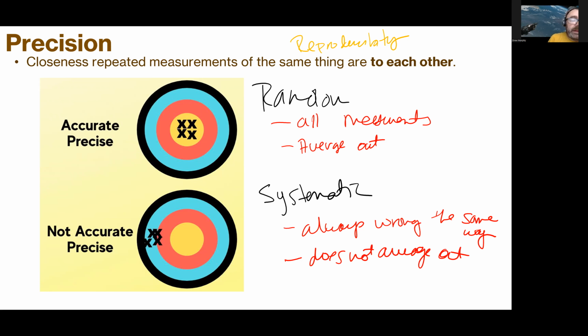This is likely an instrumentation problem or a user problem. Okay, so if you're reading your instrument wrong, you're going to introduce systematic error, which is going to make your numbers be wrong, and they're always going to be wrong by the same amount because you're always reading it incorrectly.